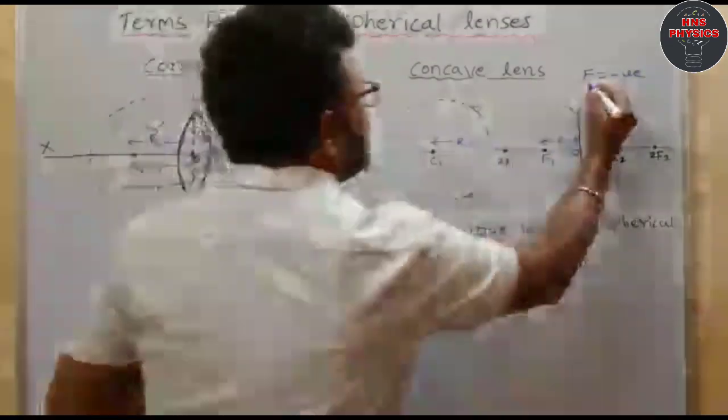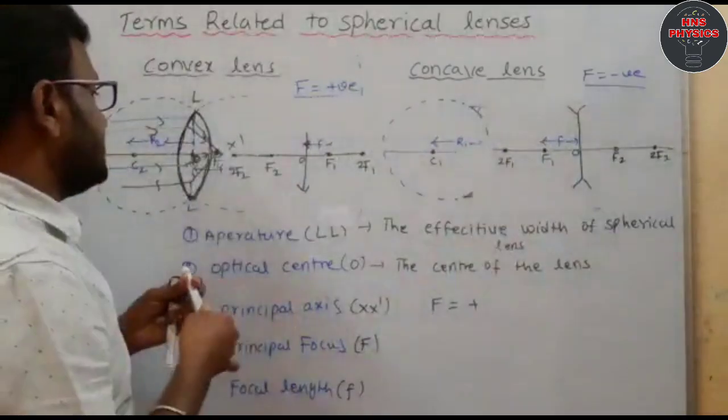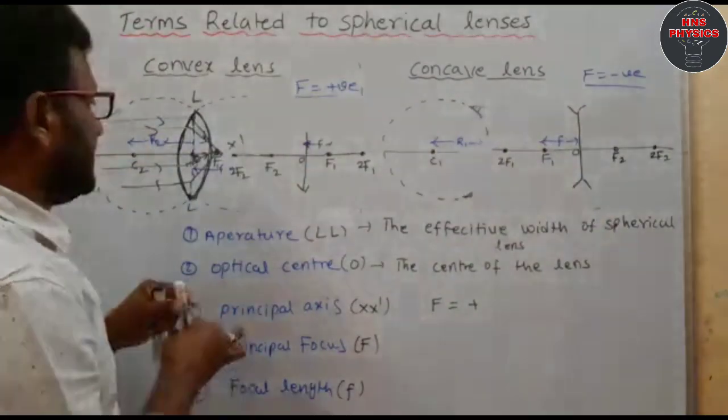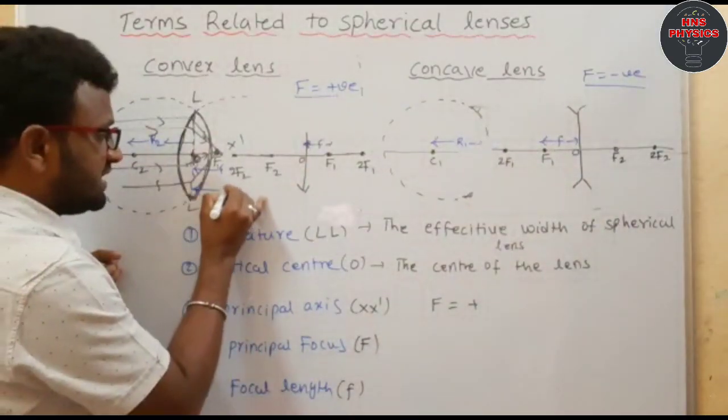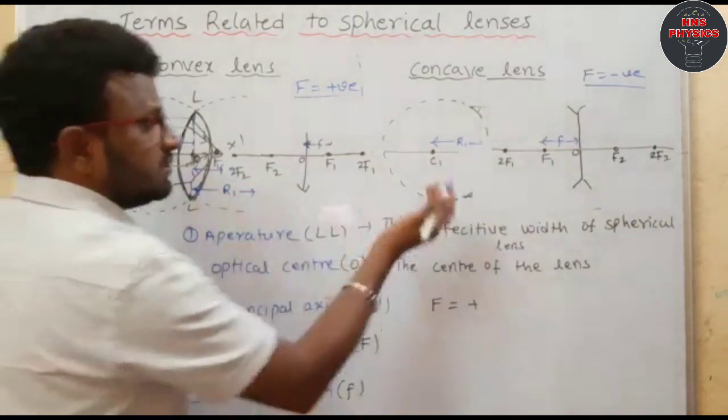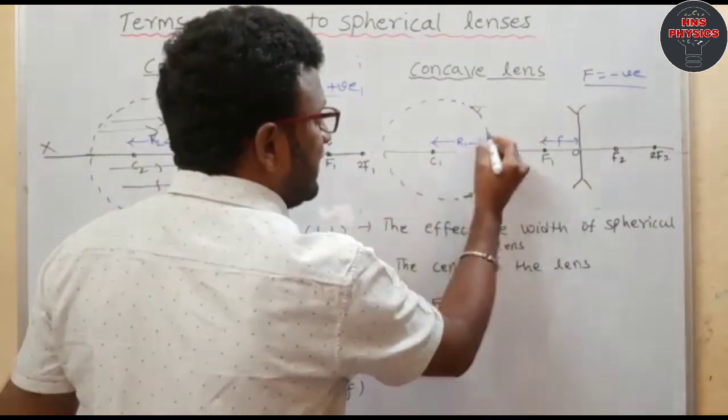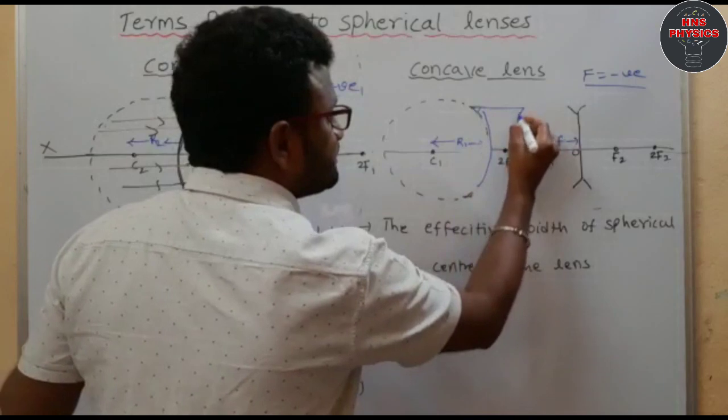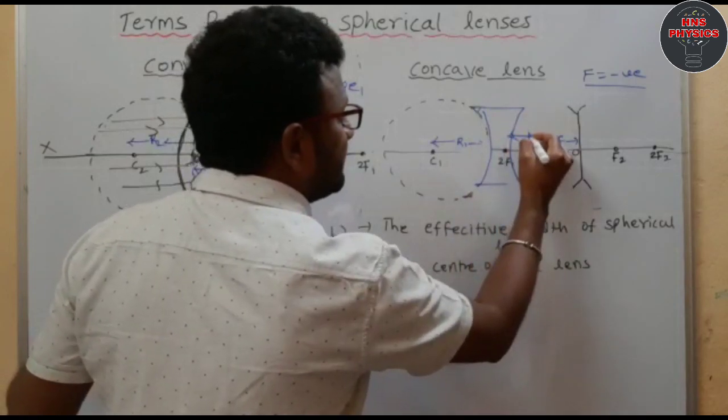Here this is the radius of curvature R1, and this is the radius of curvature R2.